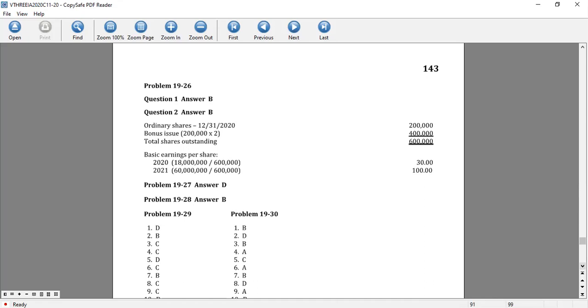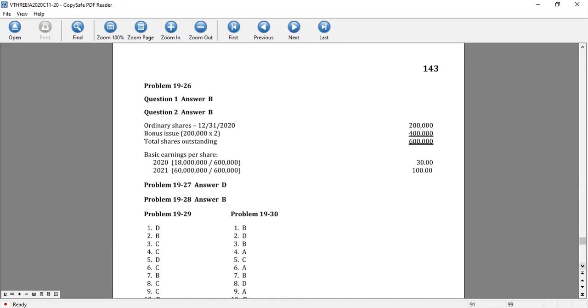Then the bonus issue was made on October 1, 2021, and the ratio of two additional ordinary shares for each original ordinary share on December 31, 2020. So meaning for every one you will receive two. So the bonus issue involves 400,000 shares.